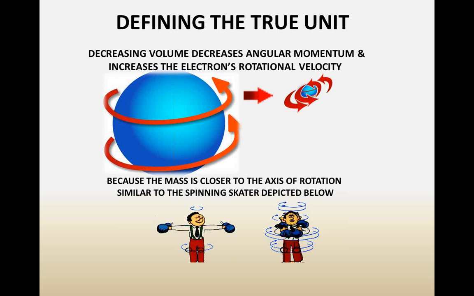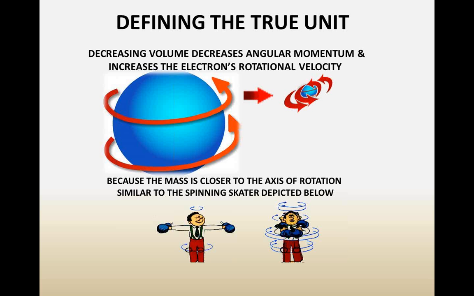Calculations show that the spin velocity of the electron reaches light speed before the volume shrinks to zero, and because no measurable velocity can exceed the relativistic speed limit, the free electron can only shrink to a minimum non-zero size. By setting both the minimum volume and mass of the electron equal to 1, we define the true unit, a truly basic standard of measurement.